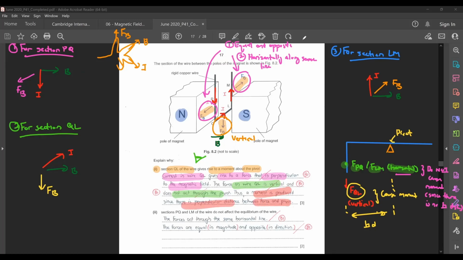All right. And then as for part 2, why is it that sections PQ and LM of the wire do not affect the equilibrium of the wire?